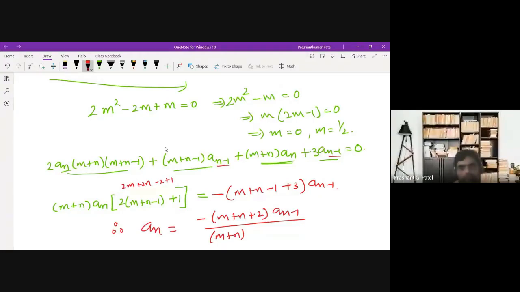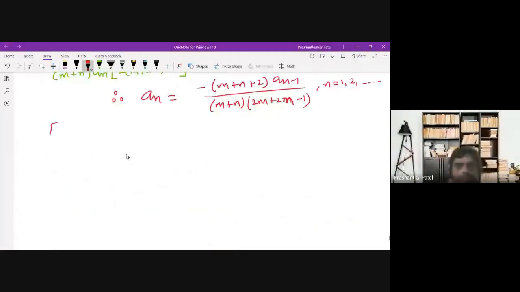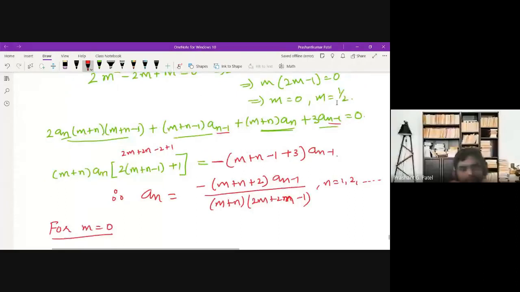So it is 2m plus 2n minus 1. This recurrence relation is true for any value of n starting with 1, 2, and so on. Now, since the indicial equation has two roots, m equal to 0 and m equal to 1 by 2, and this m1 minus m2 is not an integer.